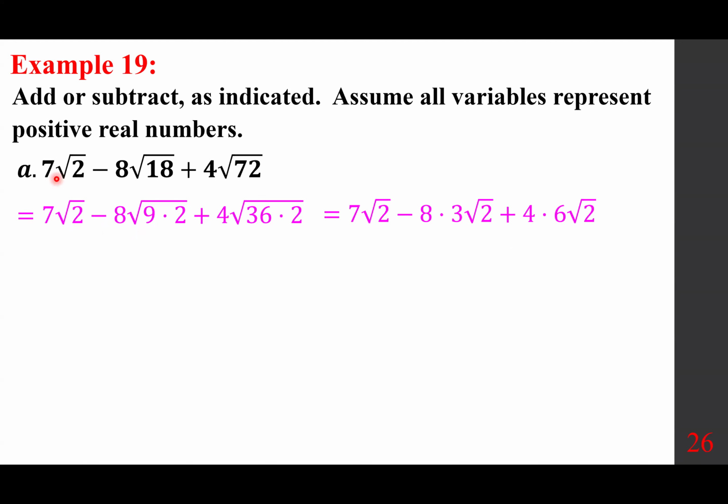So this one remains. 9 comes out as 3, with this one becomes negative 24 square root of 2. 36 comes out as 6, with this one becomes plus 24 square root of 2. And so what you need to notice is that this part is identical. All you need to do is add their coefficients. 7 minus 24 plus 24 is simply 7, and you're done. That's how you add them up.